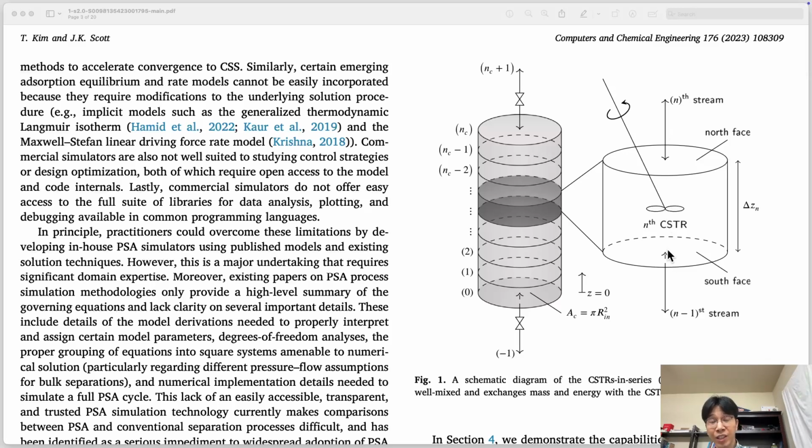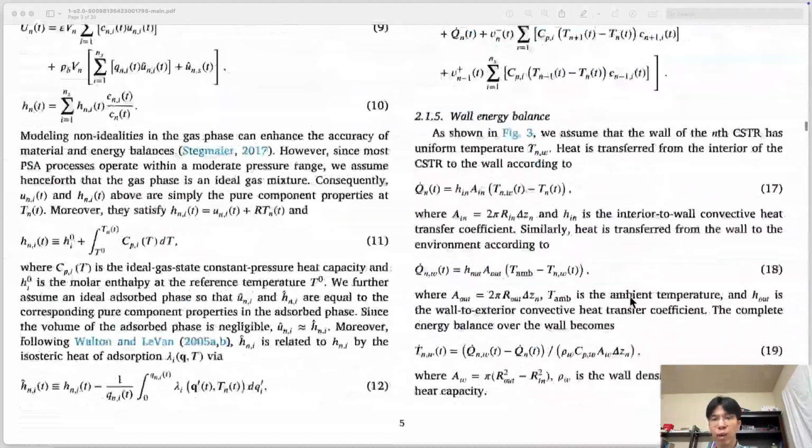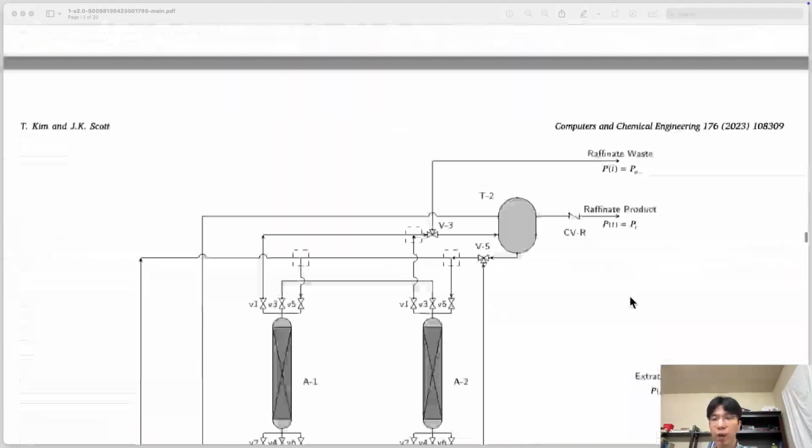But if flow direction changes, then now material from the N+1 CSTR leaves the CSTR and enters the N CSTR, and material in the N CSTR leaves and enters the N-1 CSTR. So depending on the flow direction you have, you need to define the right upstream and downstream, right? Otherwise your mass balance and energy balance would be violated.